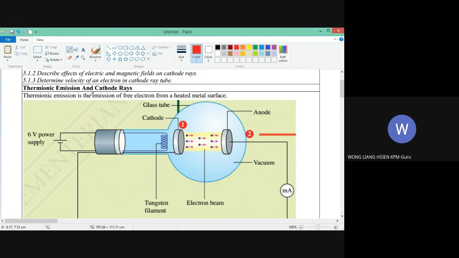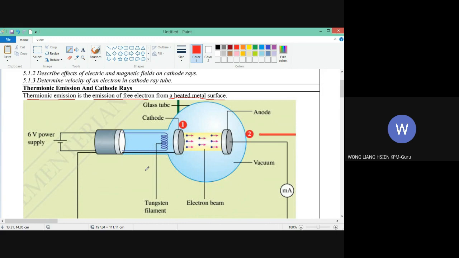Okay, what is thermionic emission? Thermionic emission is the emission of free electrons from a heated metal surface. Basically, if you have a metal and you heat the metal, then the free electrons on the metal surface will receive enough energy and be able to escape the metal surface, provided the condition is suitable.